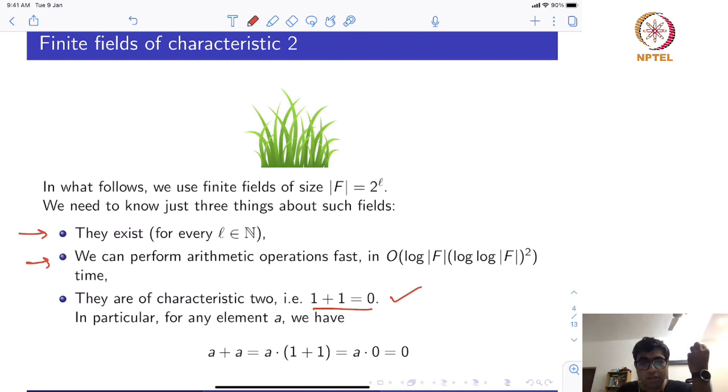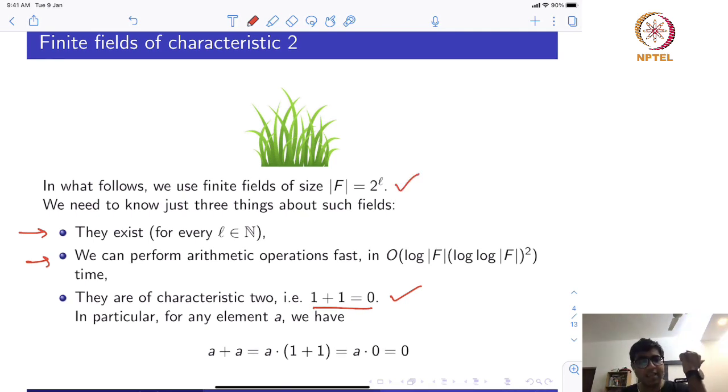A field is called characteristic r if you have to add 1 r times to get 0. But the kind of field we will be talking about is a field of characteristic 2. So in particular, if you take any element and add it twice, it is going to be 0. Basically, in this field, if anything occurs an even number of times, it will evaluate to 0. So these are the three important things to know: we will only be talking about fields of size 2 to the power L, which exist for every L in natural numbers.